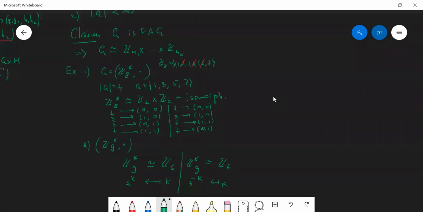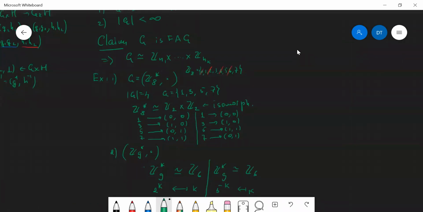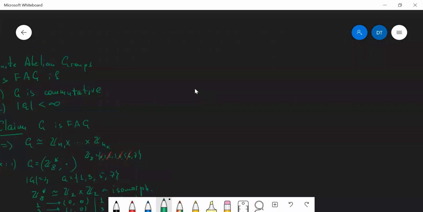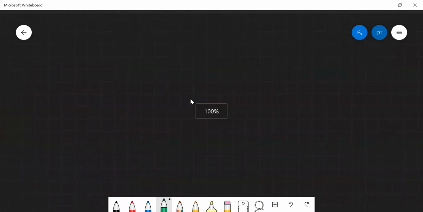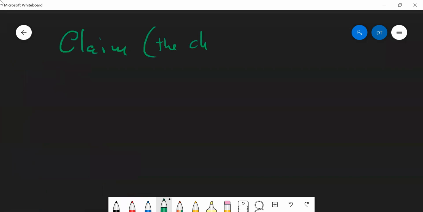Now I want to show you one main tool regarding finite abelian groups. It's called the Chinese remainder theorem.